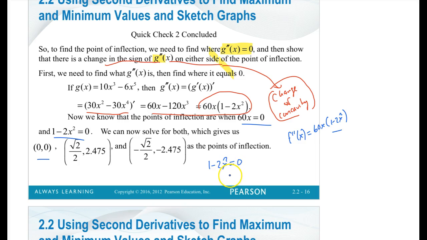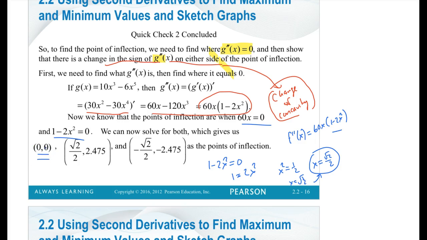So in this case you have 1 = 2x², and then divide both sides by 2, so you get x² = 1/2, and then that leads you to x equals square root of 2 over 2. As you take the square root of both sides, that turns into that when you simplify it. And so now we can solve for both, which we've done.